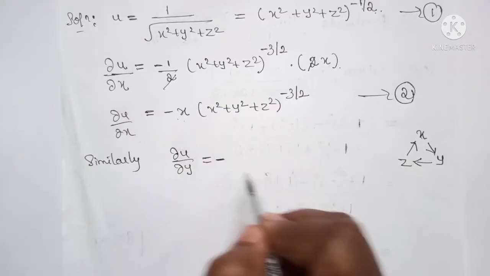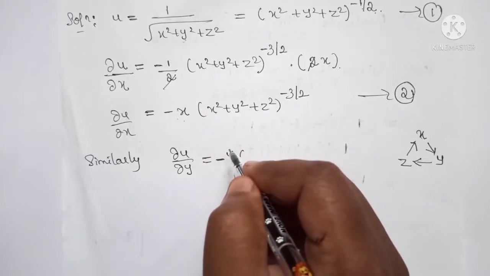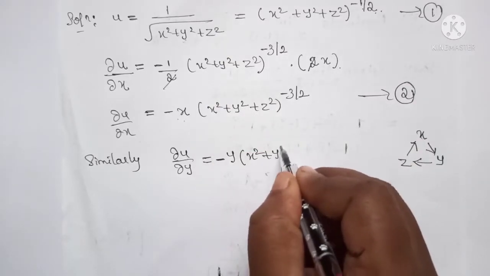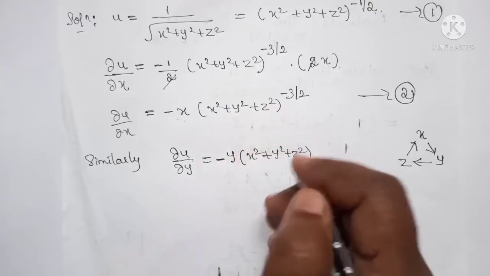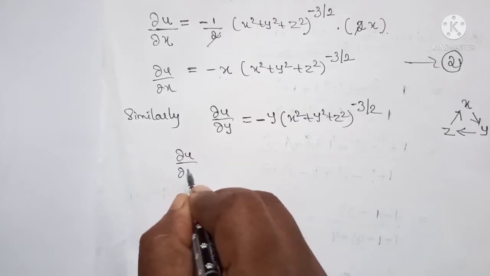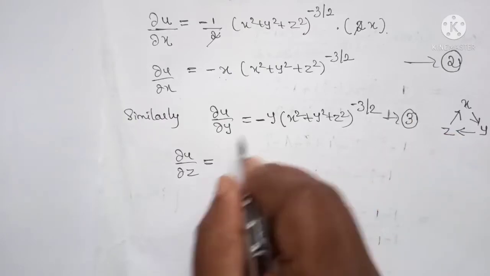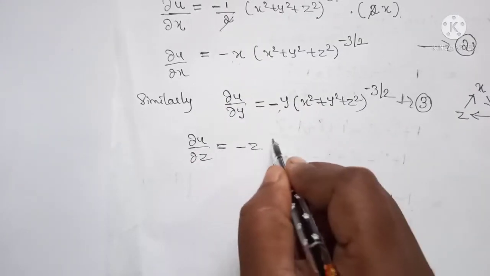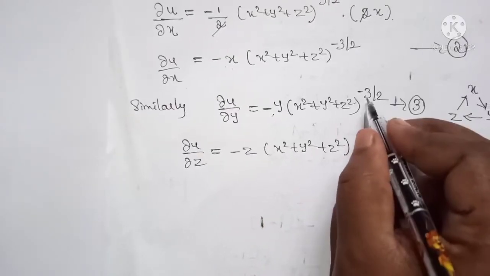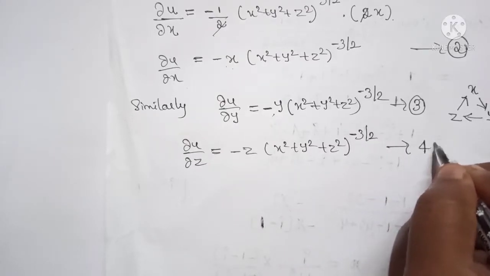Changing x to y we get minus y, and the x square plus y square plus z square term contains all the squares, so if you replace, you get the same, power minus 3 by 2. Similarly, dou u by dou z is minus z into (x square plus y square plus z square) power minus 3 by 2, equation 4.